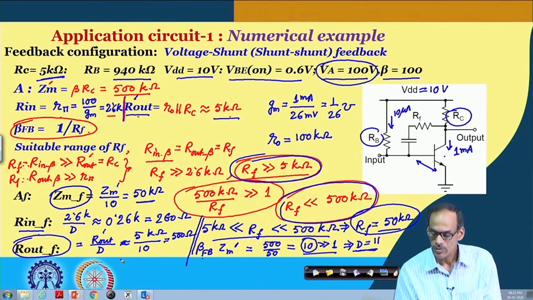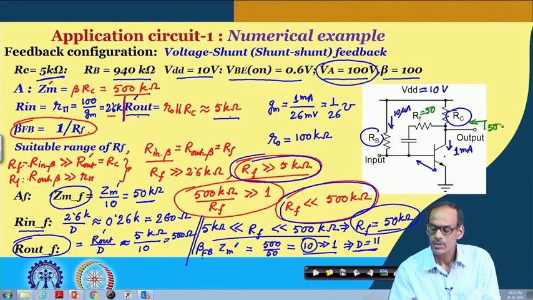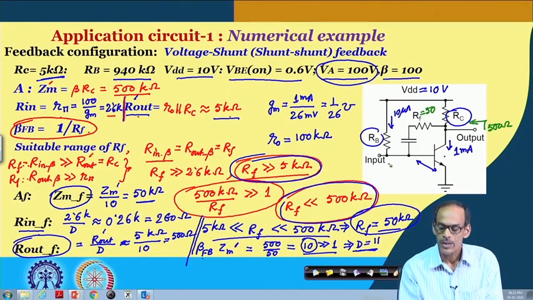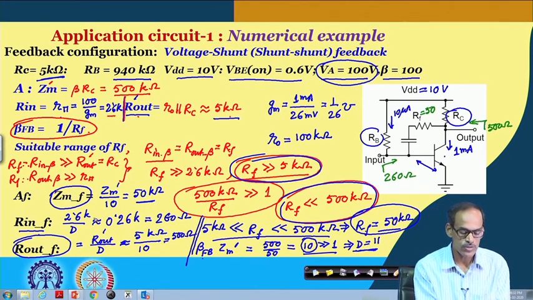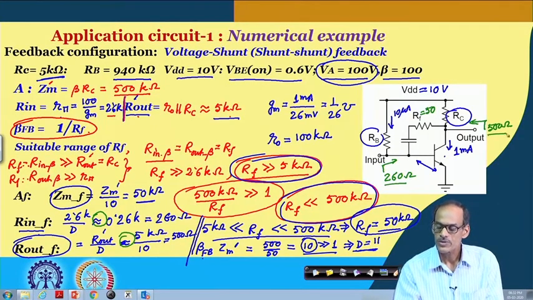So, in summary, if we put this resistance equal to 50, that gives us the output resistance here, which is 500 ohms. Input resistance to this circuit is 260 ohms. Of course, these are approximations, in fact, they are even lower than that.